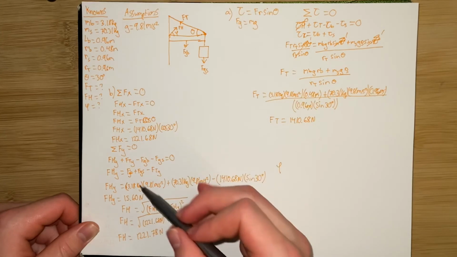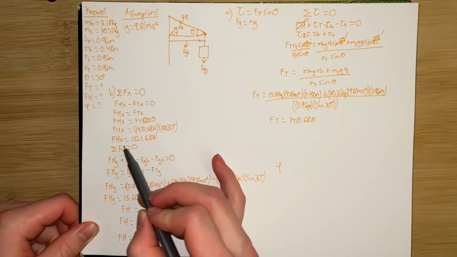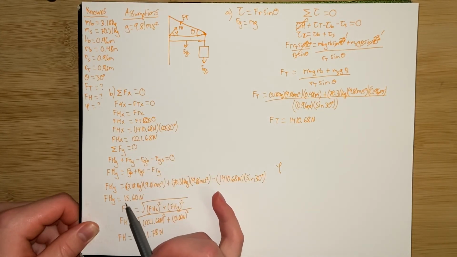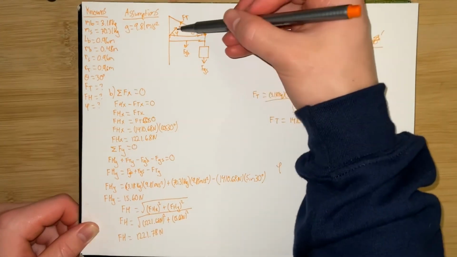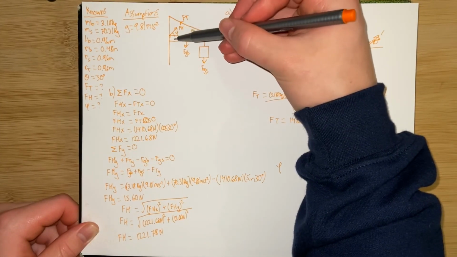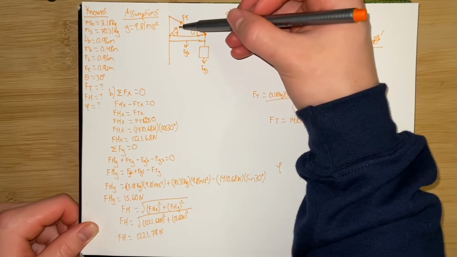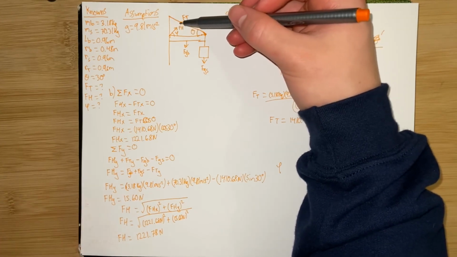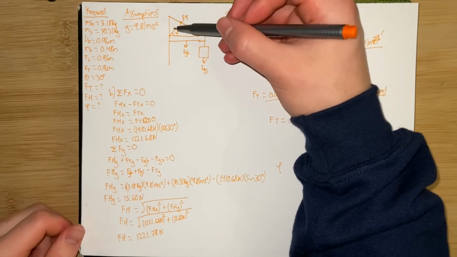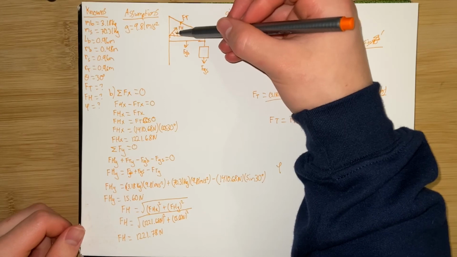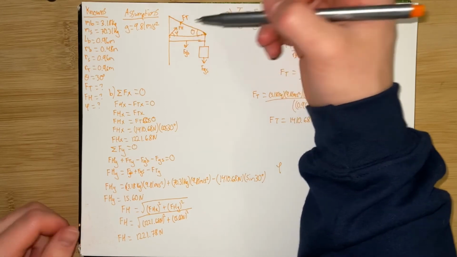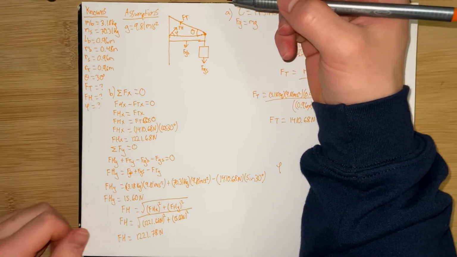Now to find the degrees that this will be acting on, let's look at phi. So we know these two values here, FHX and FHY. We know that phi will be equal to tan, or inverse tan rather. So if we divide the opposite by the adjacent side, we will get the angle.